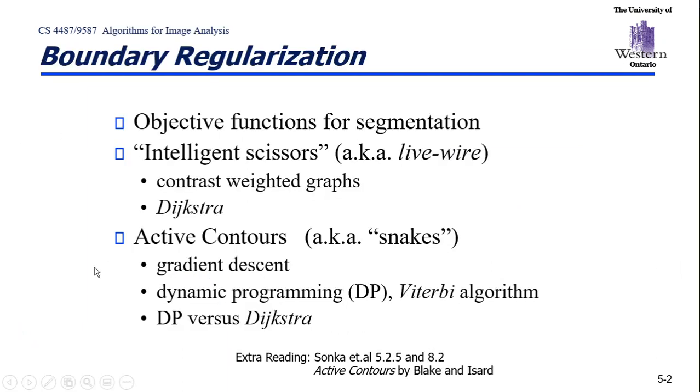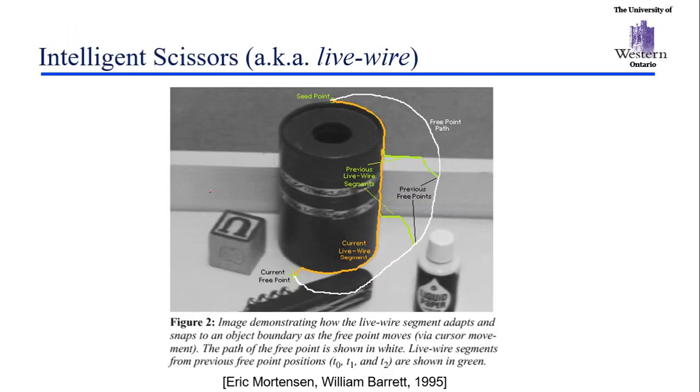So in this, first we will look at the Dijkstra's algorithm based intelligent scissors, and then later on we will look at active contours that also work on the image gradients. So this diagram is an illustration of what I did on GIMP. You click the mouse at a point on the image boundary, and then when you move the mouse, let's say the mouse pointer is here right now.